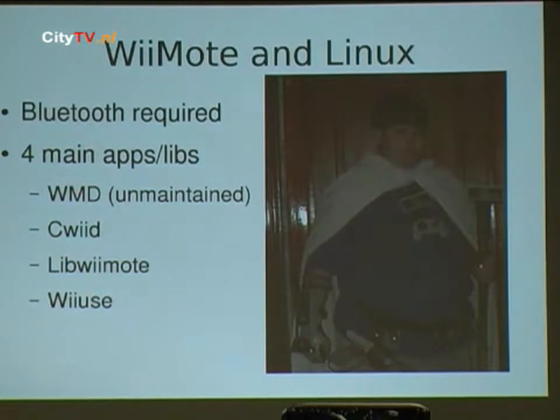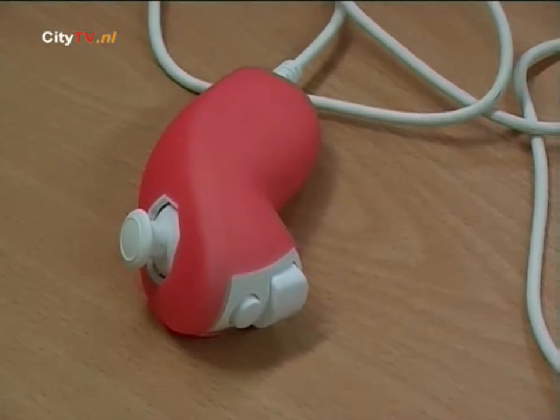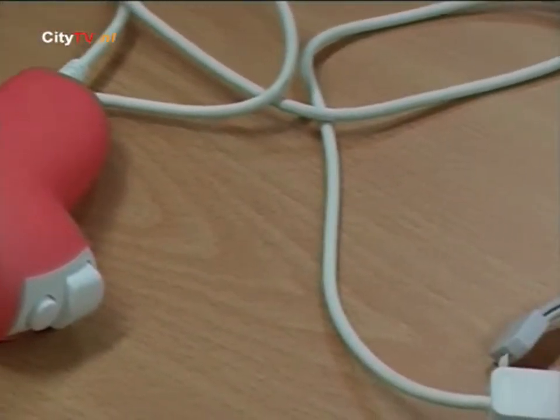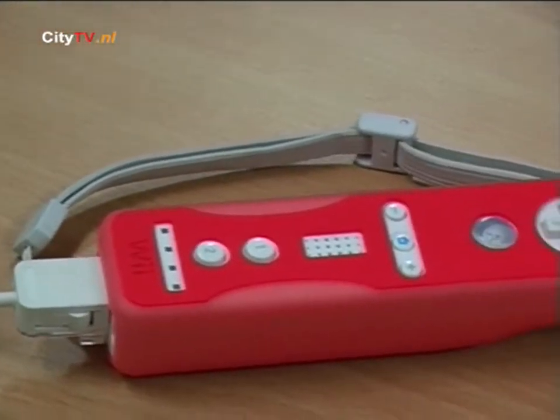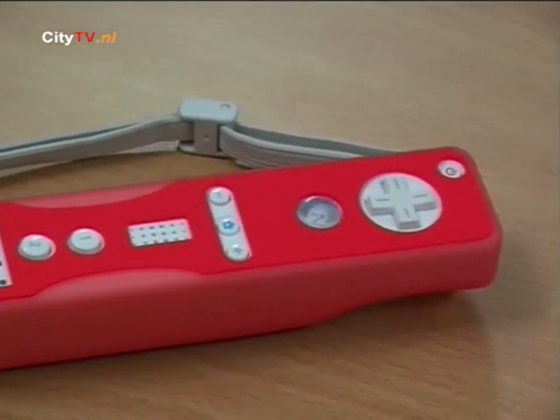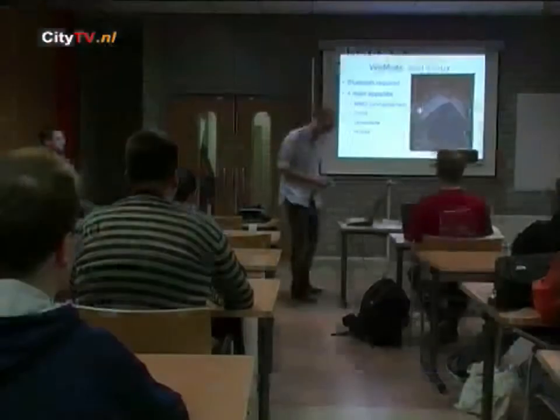Basically, what we want is to use this with our Linux. It sort of works with OpenBSD for the OpenBSD developers, but I don't have time. There are 4 main applications and libraries, and pretty much all of them are unmaintained. That's a bad thing. So if someone has time, I'm happy to donate a Wiimote for him to develop, if someone wants to do that.